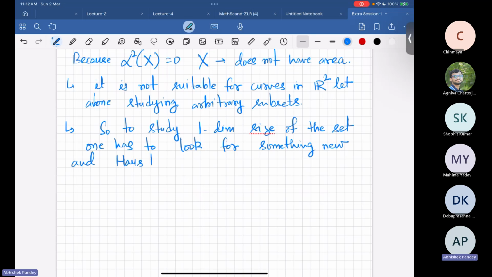There are some other notions of measure also, but for this one, we are going to talk about Hausdorff measure. It is one way of doing it. So we'll now talk about Hausdorff measure.